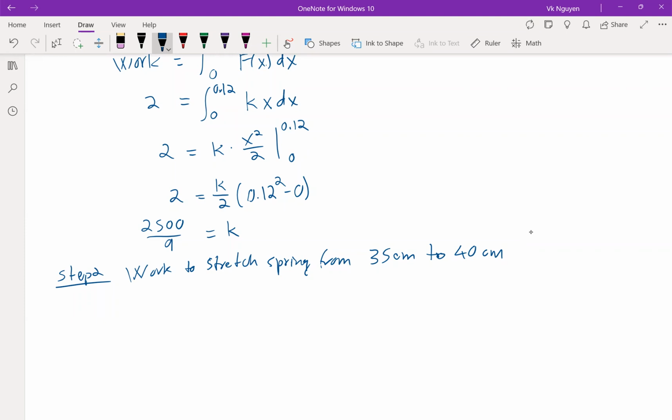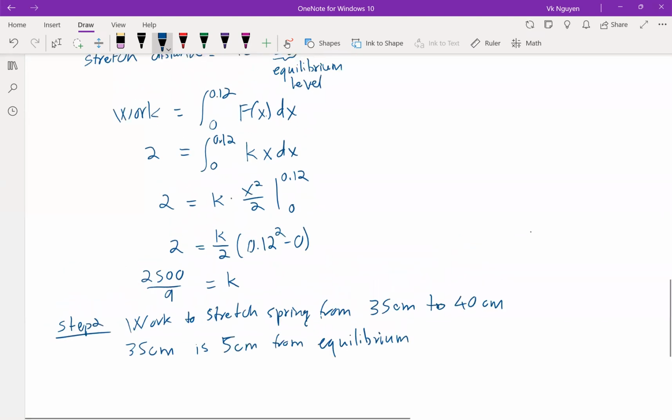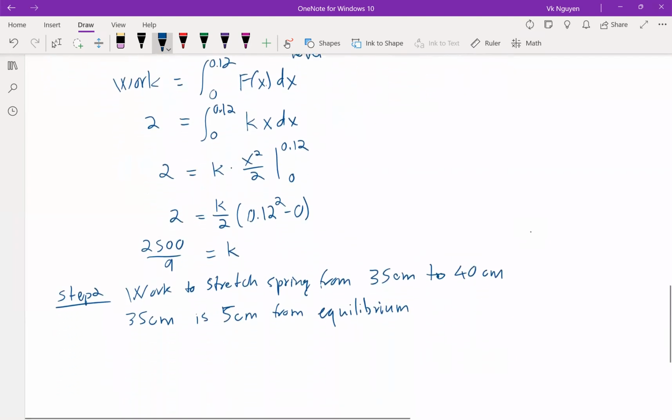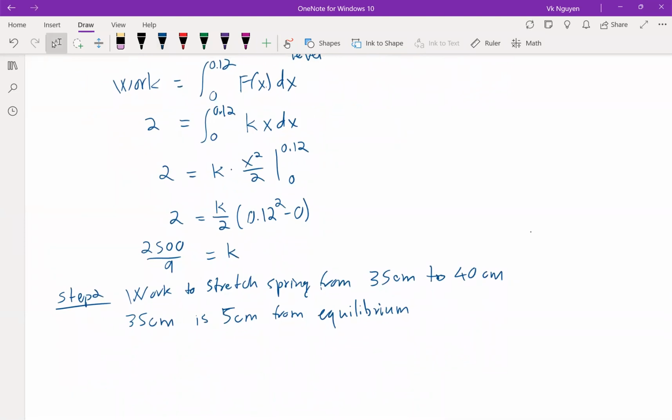So 35 centimeters is 5 centimeters from equilibrium, because the equilibrium is at 30 centimeters, which gives us the lower limit to be 5 centimeters, 0.05 meter.